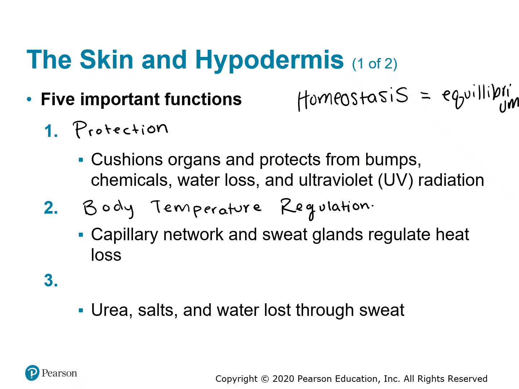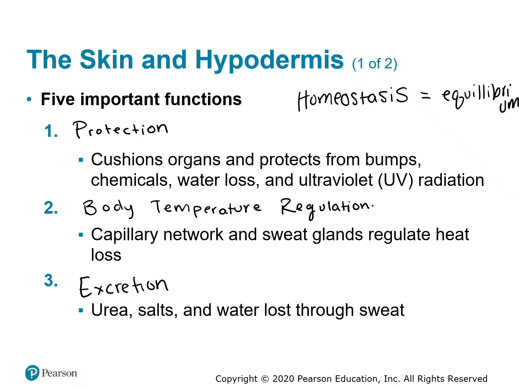And then the third of 5 things that the skin and hypodermis does is quite a bit of excretion. I just talked about that. We sweat through your skin. There's only one place that doesn't sweat, and I think it's like the back of your ears or something like that, or somewhere else silly and ridiculous, okay?